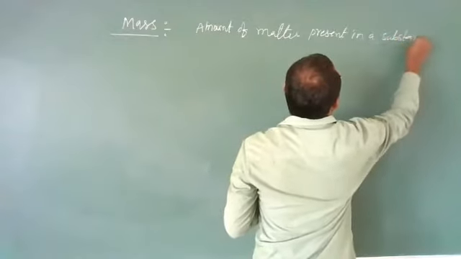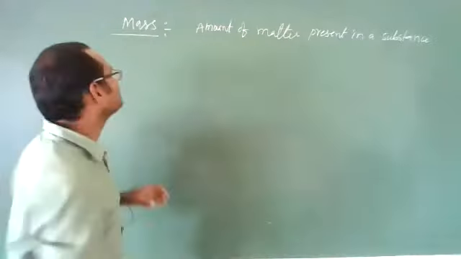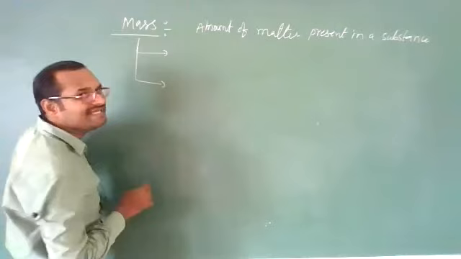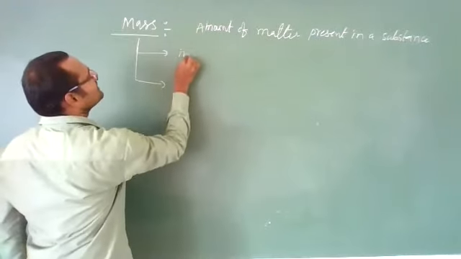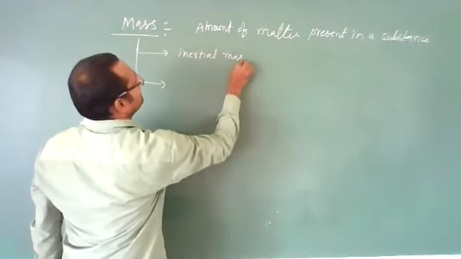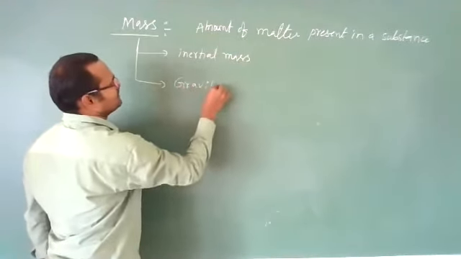This we call mass. Okay, good. Mass is of two types. One is inertial mass. Another one is gravitational mass.